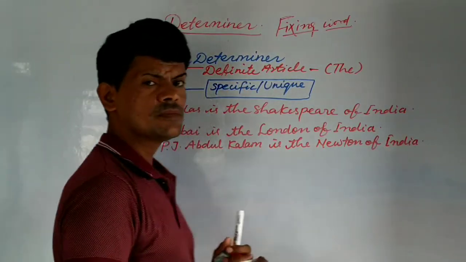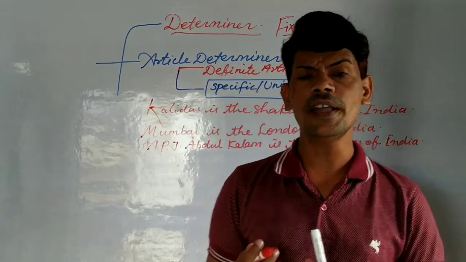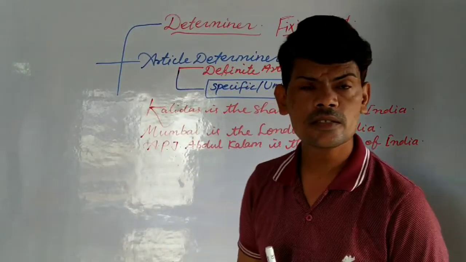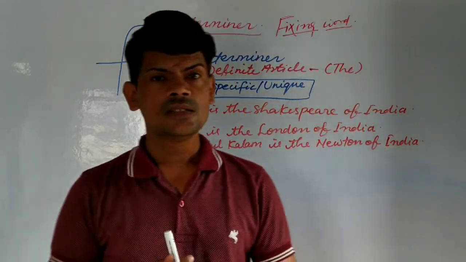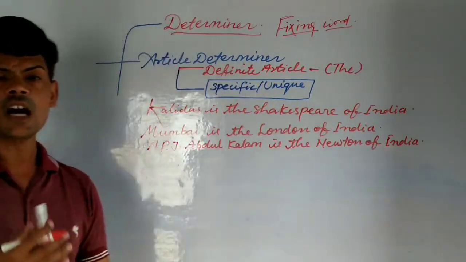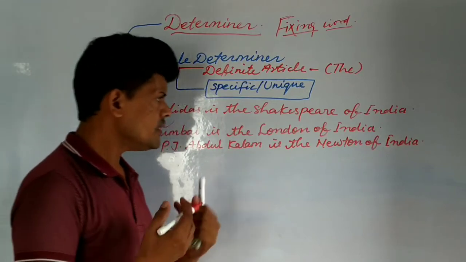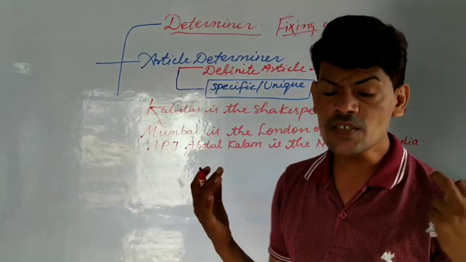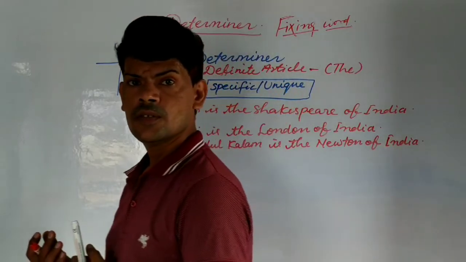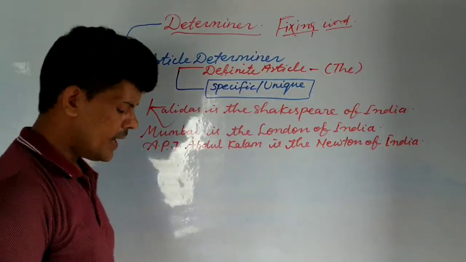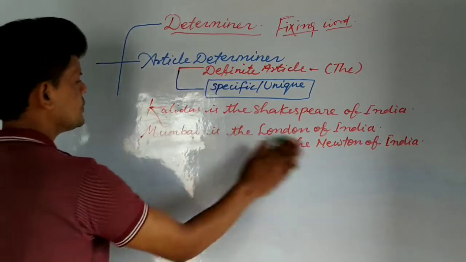Ahmedabad is the Manchester of India. He is the Tulsidas of this age. Okay? In this condition, we always use definite article. Okay?